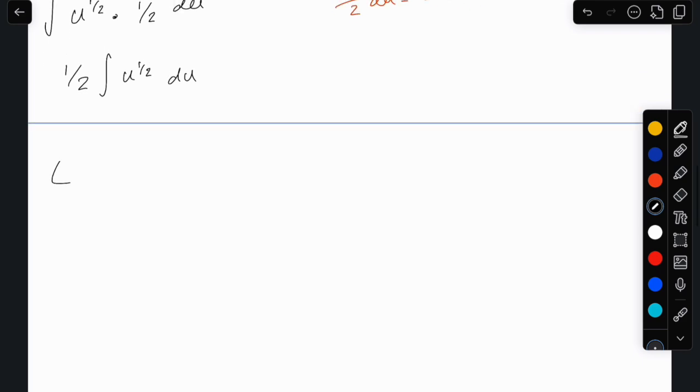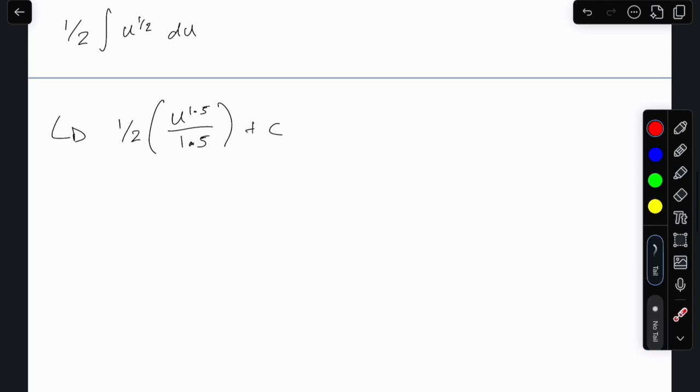If we integrate this, we can get a half, okay, u to the 1.5 over 1.5 plus c. Let's do it in 1.5 because it's just easier to write.